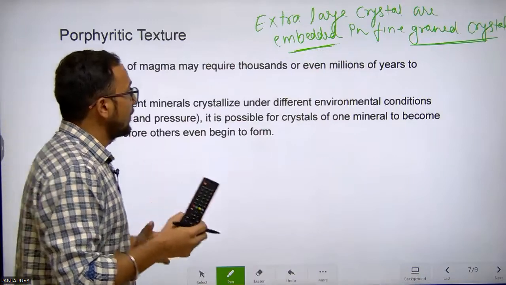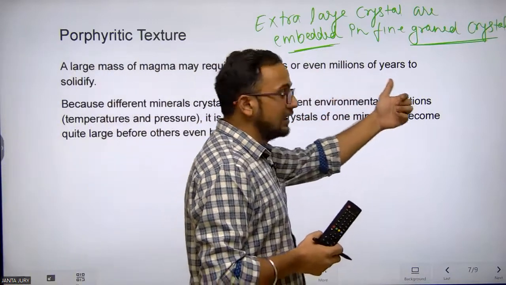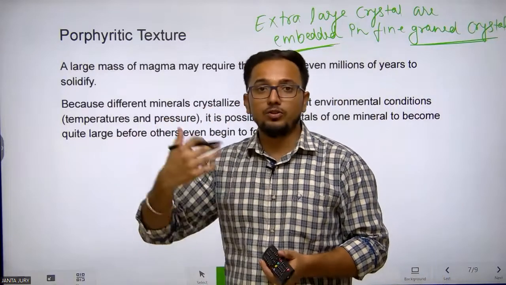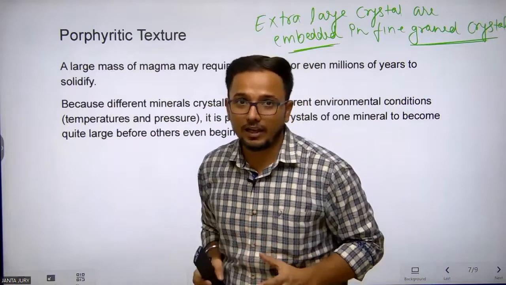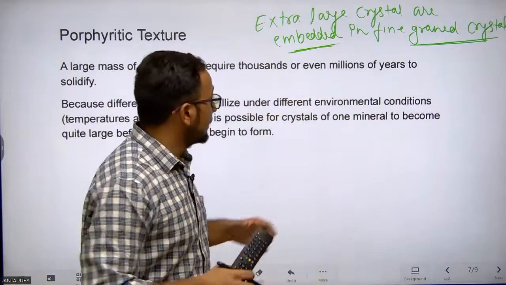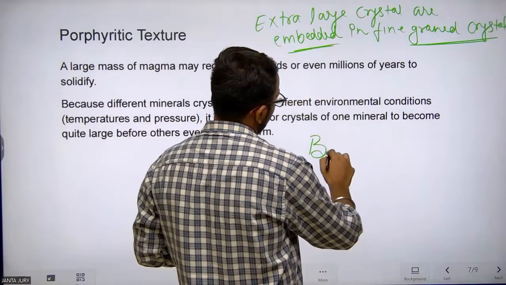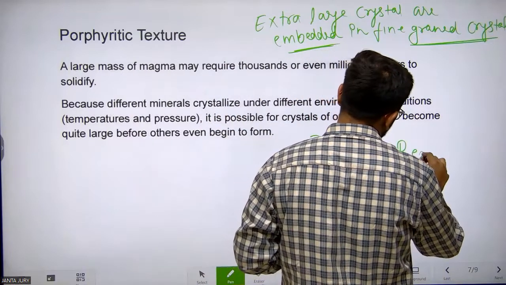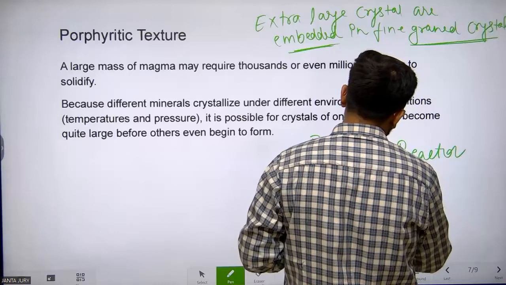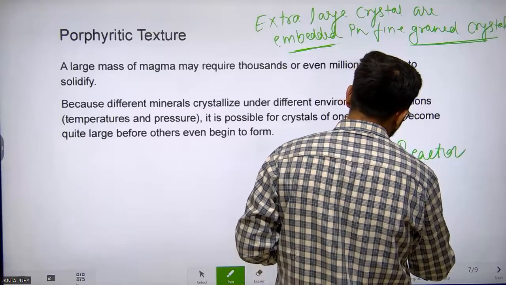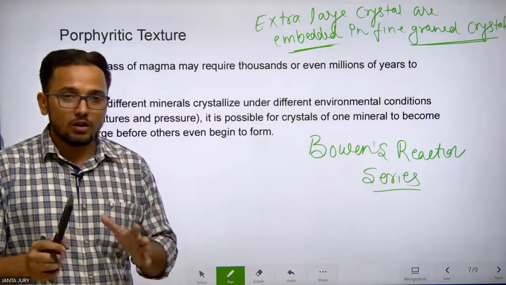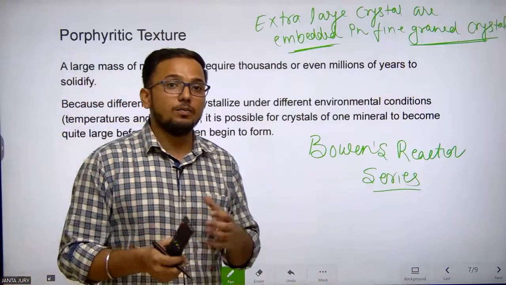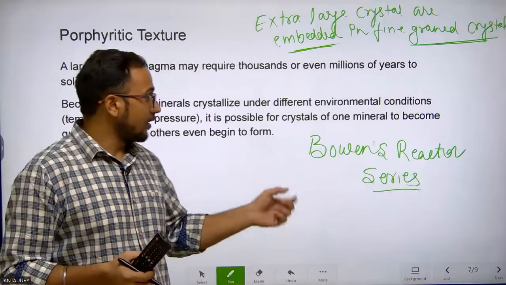Now what happened in this? A large mass of magma requires thousands or even millions of years to solidify, and in the process of solidification, minerals crystallize. But we know that as per Bowen, a scientist, Bowen's reaction series tells us that every mineral has a different rate of crystallization according to its melting point.